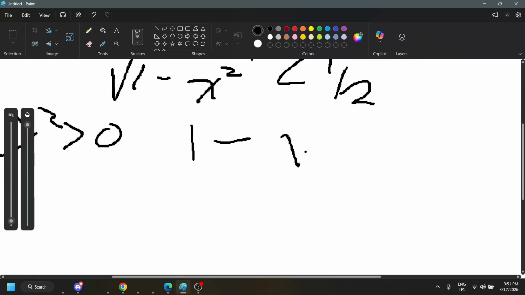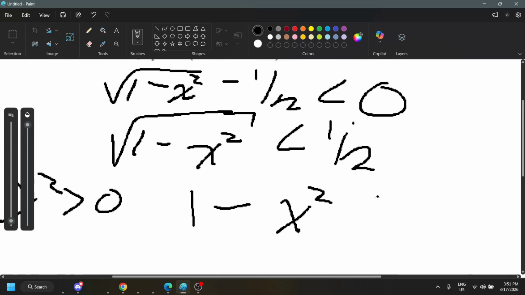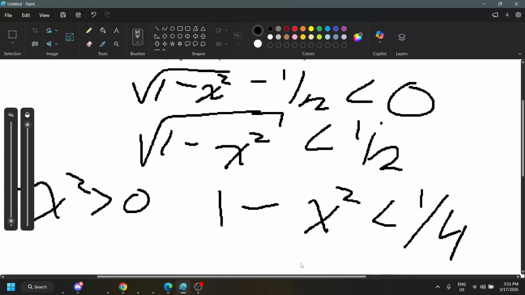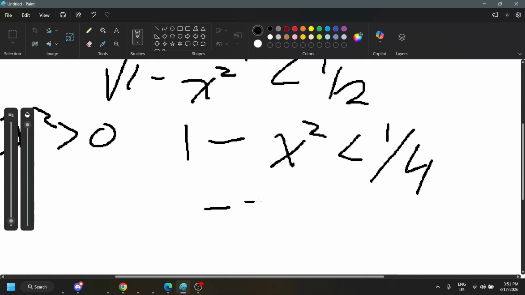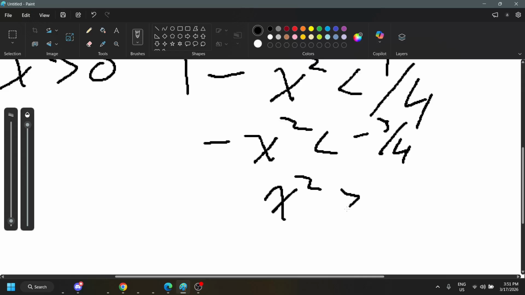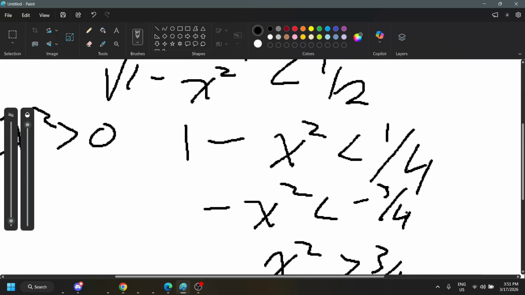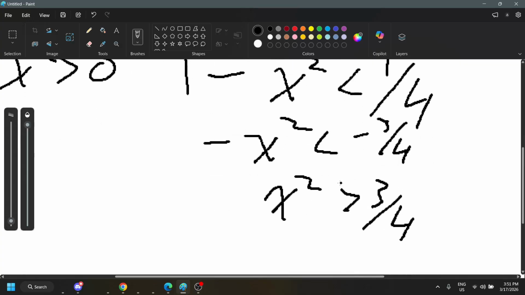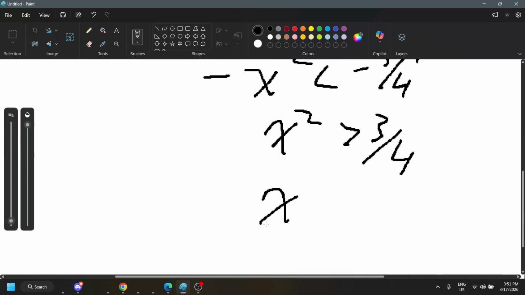So where 1 minus x squared is less than a quarter. Right? So negative x squared is less than negative 3/4. So x squared is greater than 3/4. So x is greater than root 3 over 2.